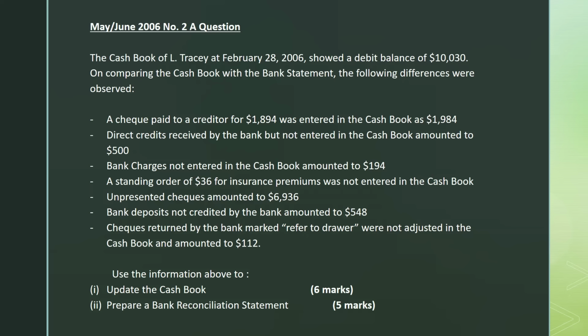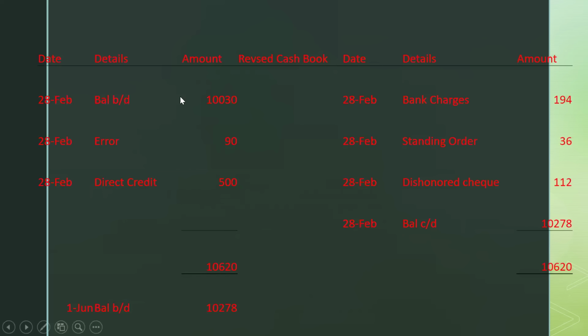When we got the check, we would have debited our cash book. Now that we know it's dishonored, what do we have to do? We have to adjust it in our cash book by debiting or crediting? Credit. Correct. To take it out of our debit side, we'll have to credit it. So that is what we would do.